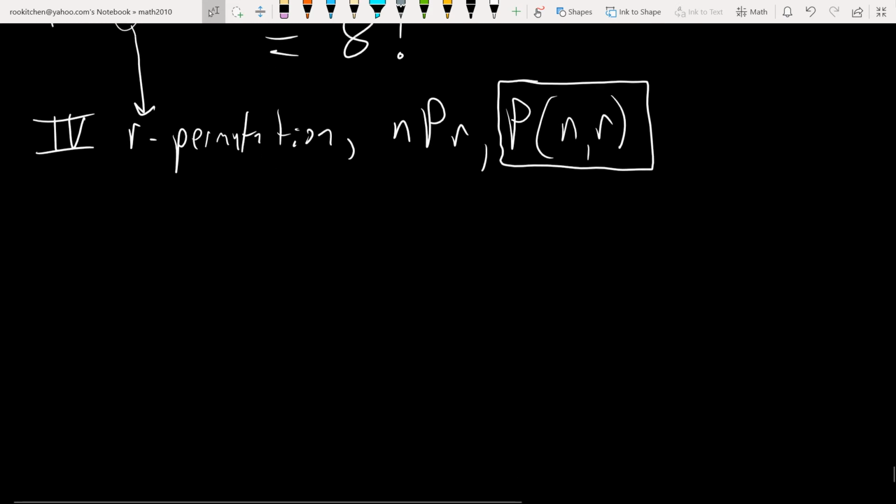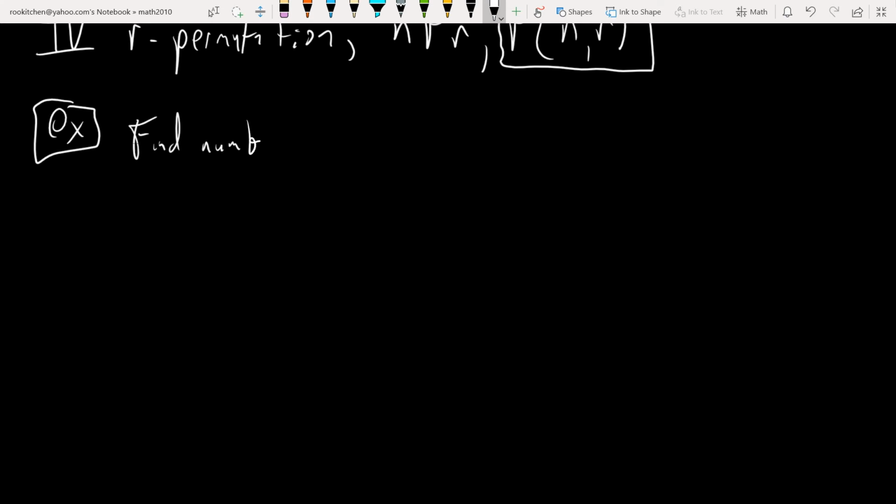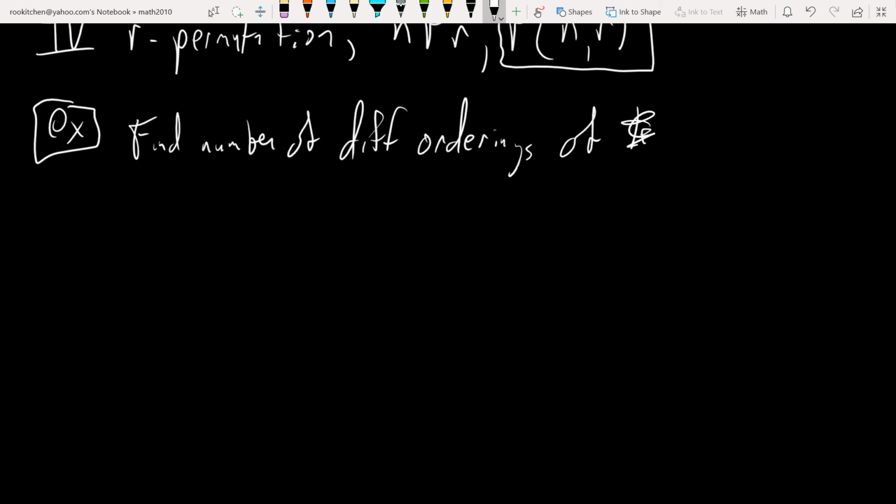Okay, so let's look at some examples to get it embedded in our brains. Example: find the number of different orderings of 3 letters picked from a set of 4.